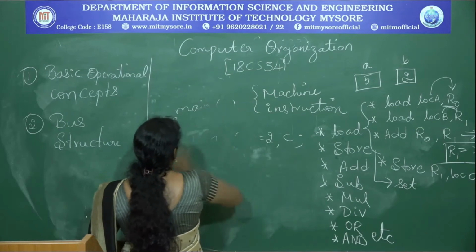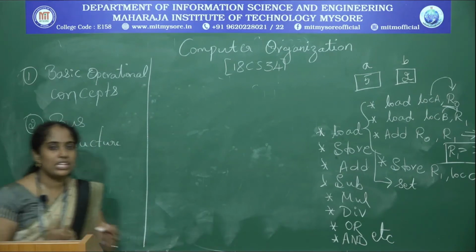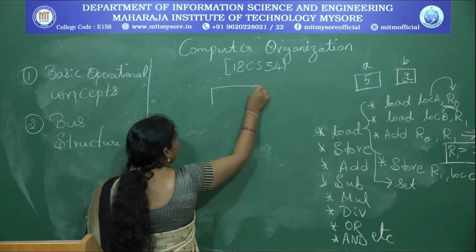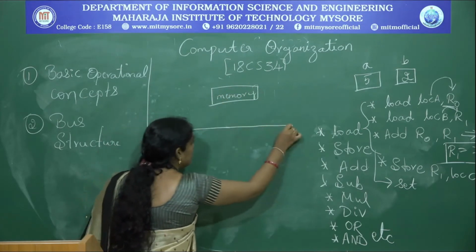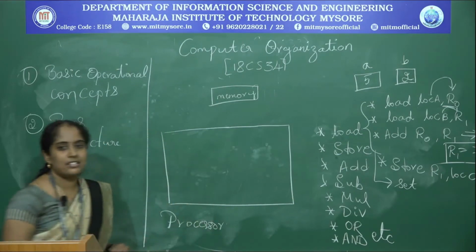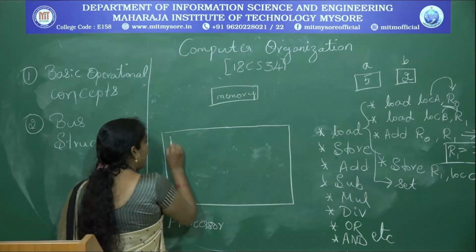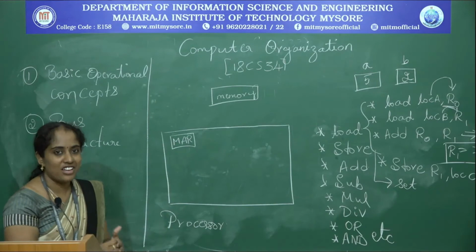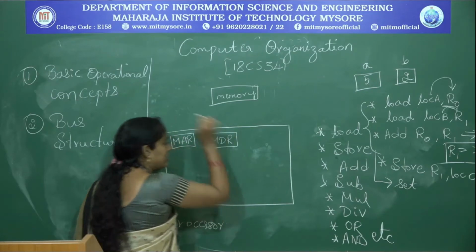Okay. Now how will this work, how will your main memory and processor communicate with each other? For that we are discussing a simple diagram here. Say for example, this is your main memory and this is your processor. Inside this processor we have different types of registers. The first one is the memory address register, and another one is called the memory data register.